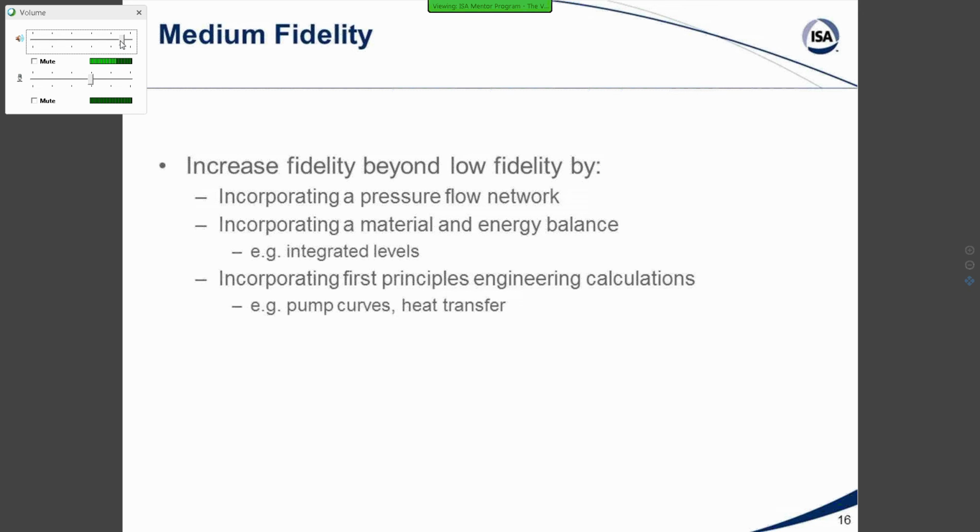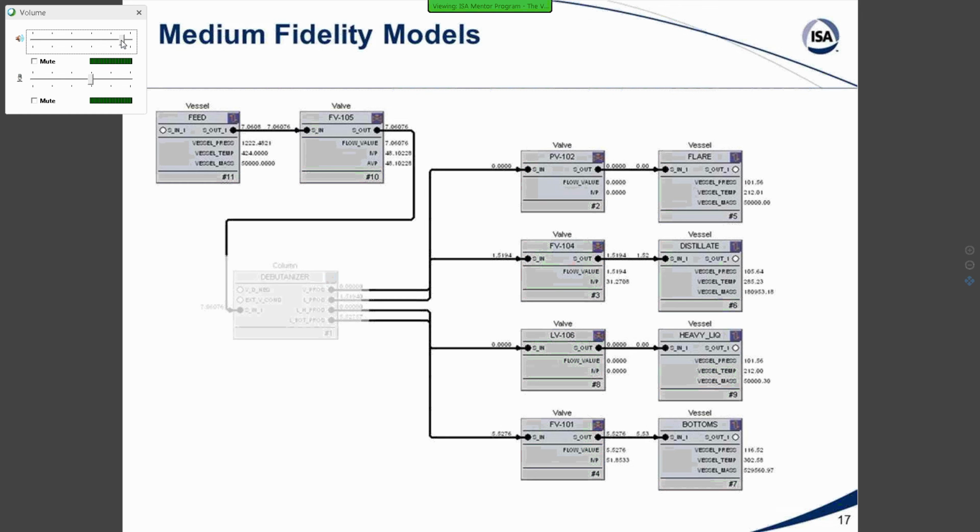So to give you an example of what this might look like, and I've grayed out a piece that we'll talk about a little bit later, essentially what we have here is what I would call a more advanced model. You may notice these blocks look distinctly different. They have gold lines in between them, and that's because these blocks are simulating process equipment instead of just a single function or a single calculation. Like this vessel has an integrated level with a calculated thermal mass and temperature, with a vapor pressure, et cetera.